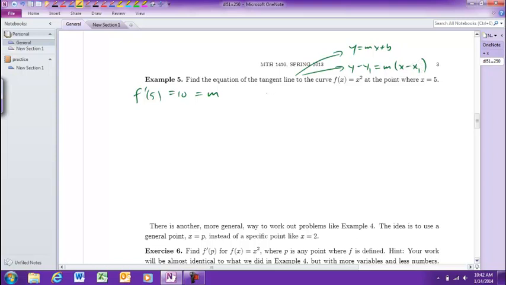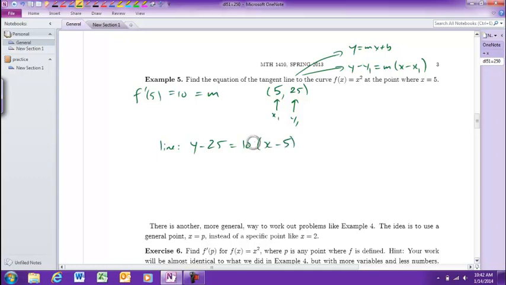All we need is our x1, y1. Well, our x1 is equal to 5. That's our x value. And what is our y1? Well, y1 is what we get when we plug 5 into the function. So 5 squared is 25. So our line is given by y minus 25 equal to 10 times x minus 5.